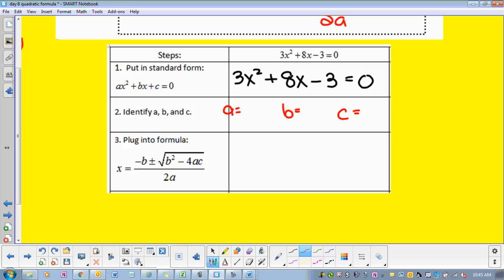No. Listen to me. a, b, and c are always numbers. Don't ever give me the x's. Right? 3, 8, and -3. a is 3. What is b? Positive 8, right? And what is c? Negative 3.